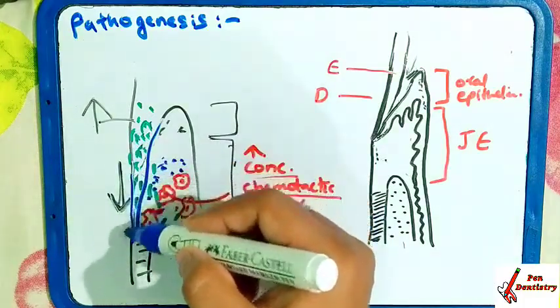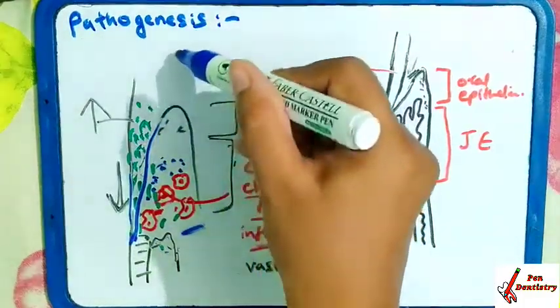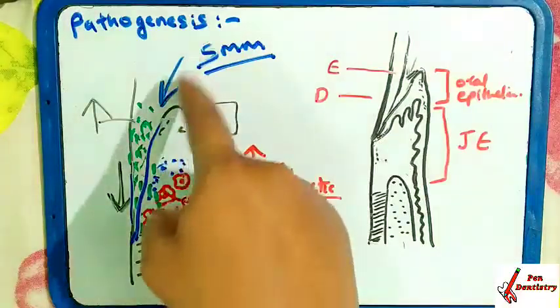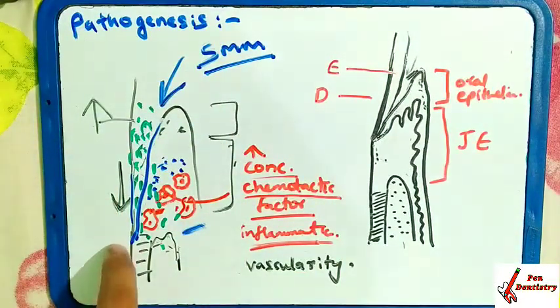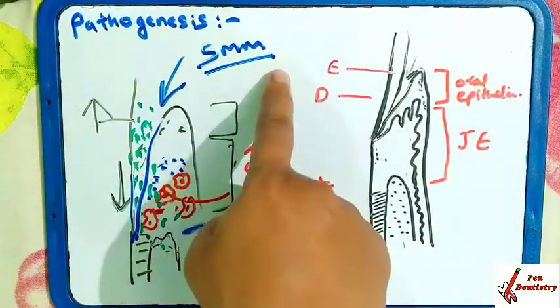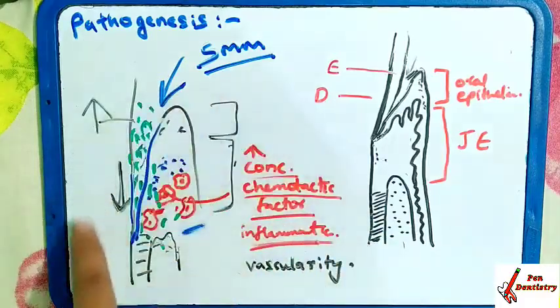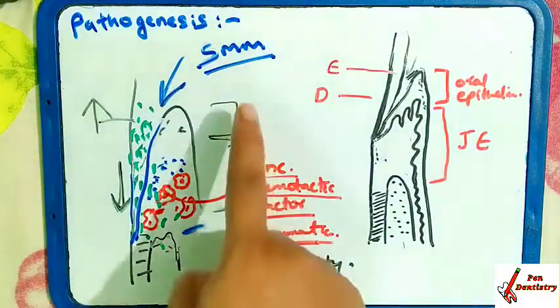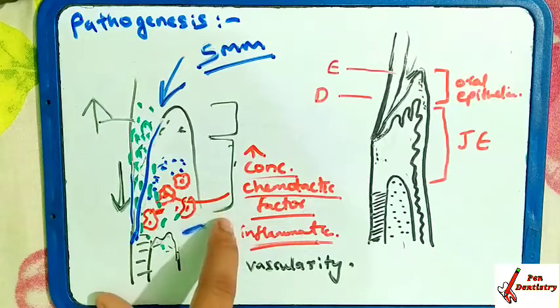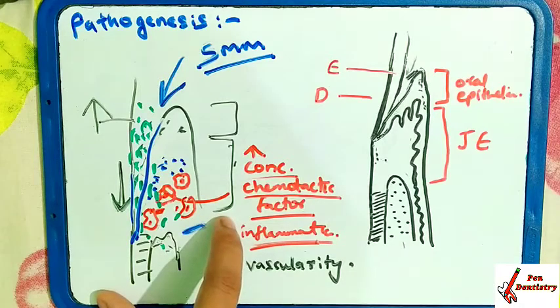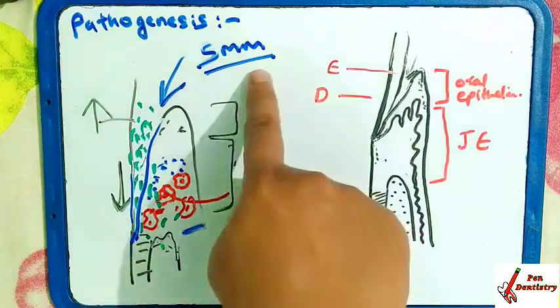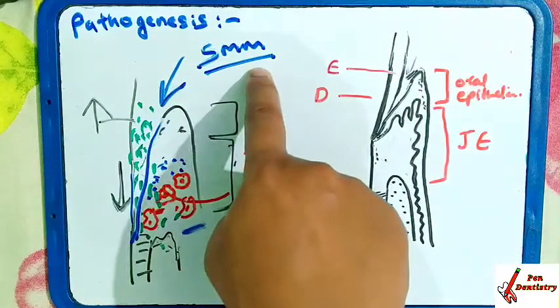When you check with your probe, it will go into this sulcus region more than 5 mm, and you will also see the inflammation here: redness, swelling of the gingiva. The pocket will be more than 5 mm, about 7.